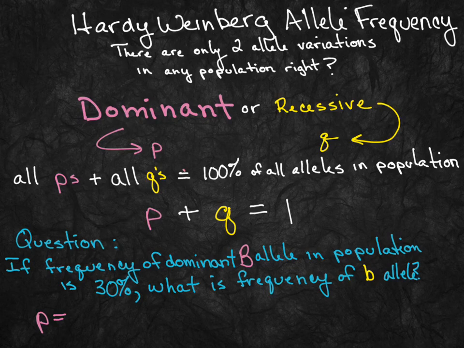Do we have what P equals? P equals the dominant allele, right? That capital B. And do we know what that frequency is? Yes, it's said in the problem that capital B is in the population and has a frequency of 30%.